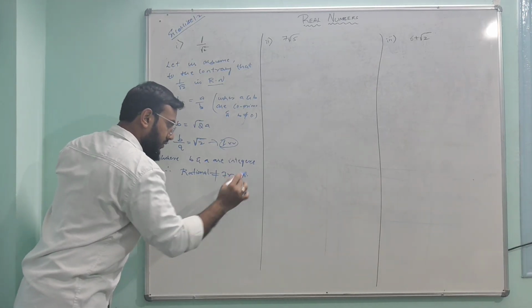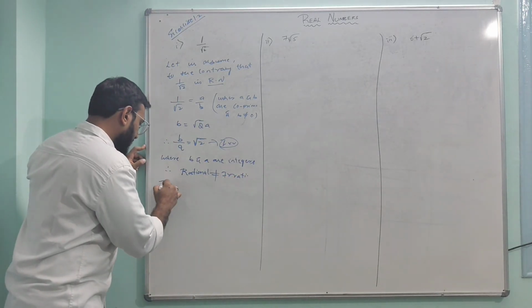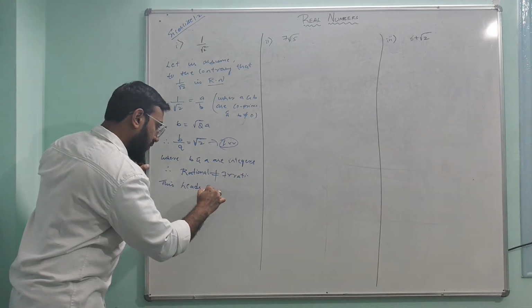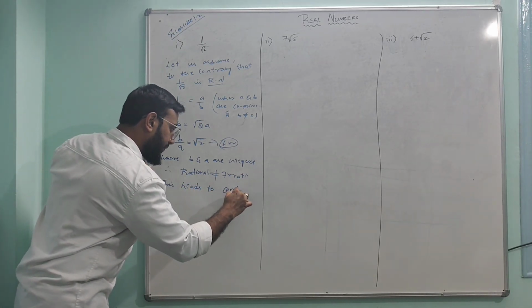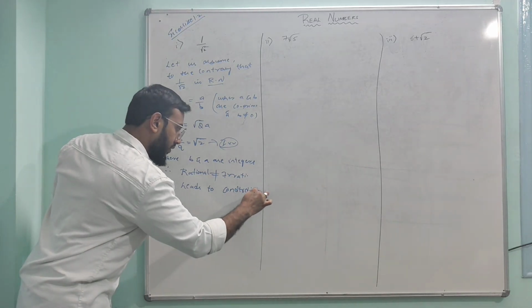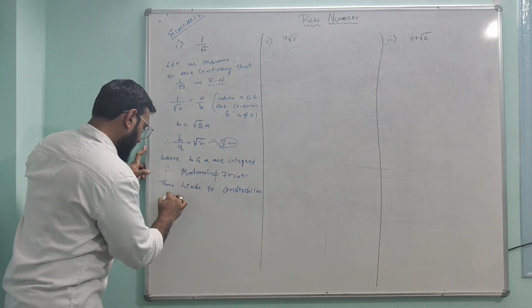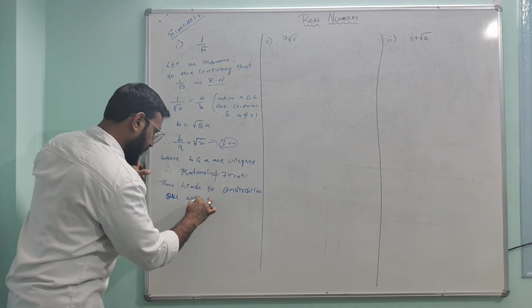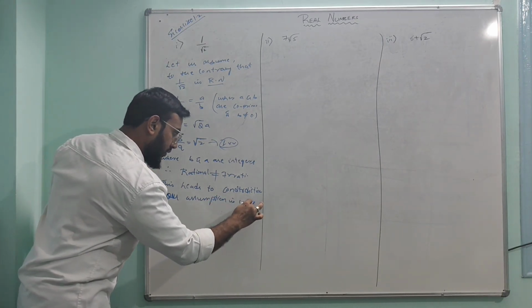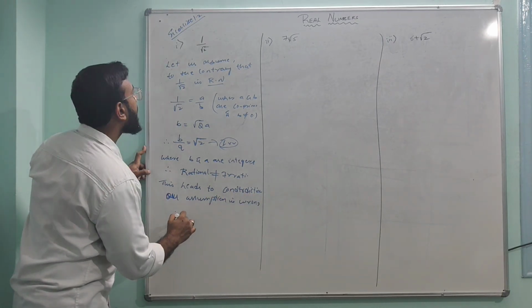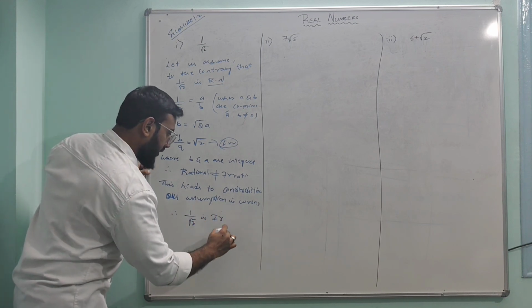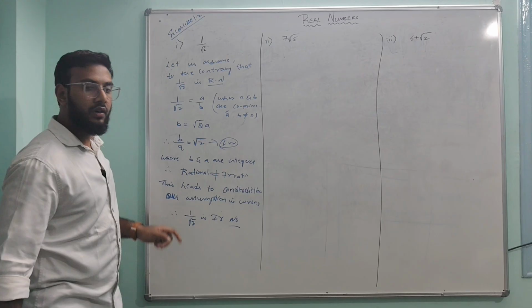This leads to contradiction. Our assumption is wrong. Therefore, 1 by root 2 is an irrational number.